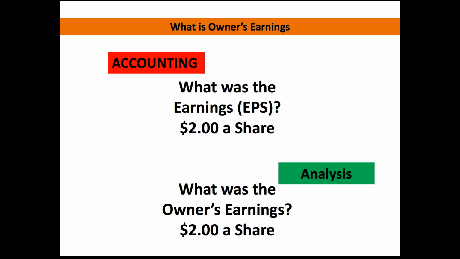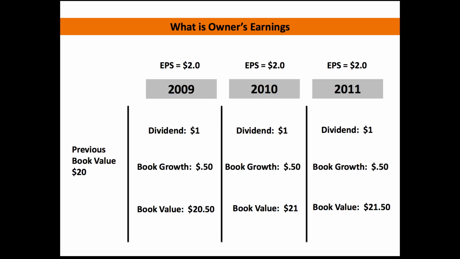So that last scenario isn't very realistic, but the next one is going to be more realistic in that the money that's being reinvested back into the company might not actually turn into owner's earnings. And so let me demonstrate that for you. Okay, so we have the exact same company. The book value prior to 2009, we're going to say, is $20, and that the earnings, the EPS for 2009, according to the accounting, that number that was reported at the bottom of the income statement is $2.